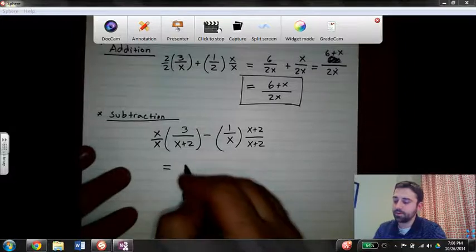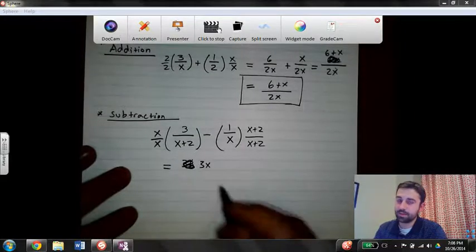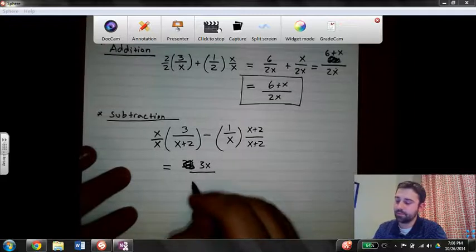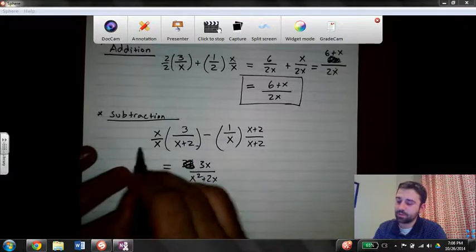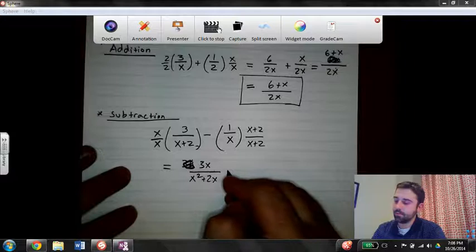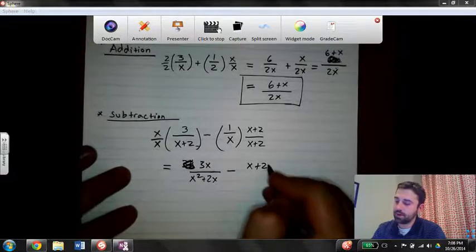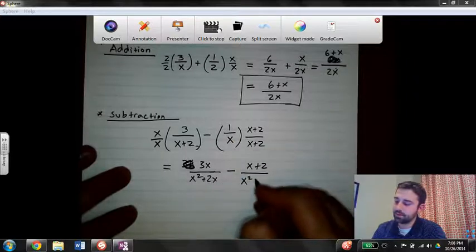From here, I would get the new expression 3x divided by x squared plus 2x. We want to make sure that we are distributing, minus x plus 2 divided by x squared plus 2x.